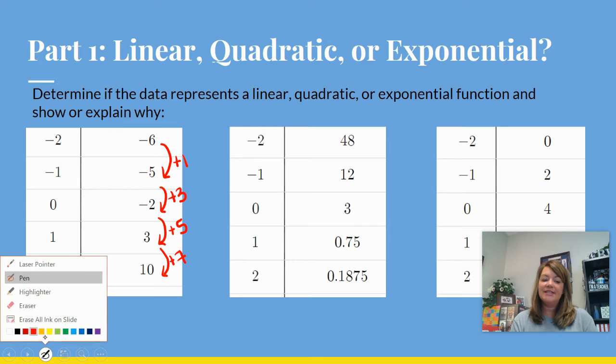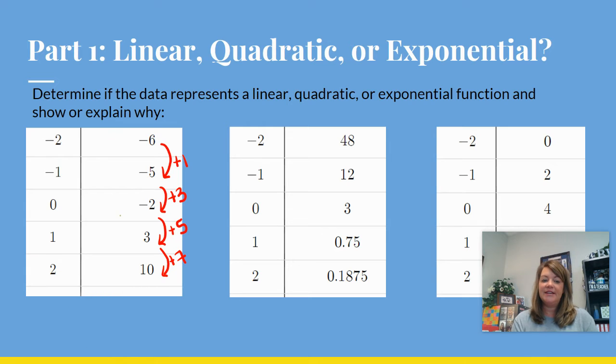But if I go to the second round of differences, I can see if I go from 1 to 3, that's +2. 3 to 5, that's +2. 5 to 7, that's +2. So when we look at the second differences and those are equal, then we know that this is quadratic. Okay, so this one is quadratic.